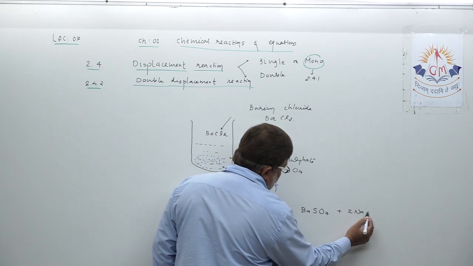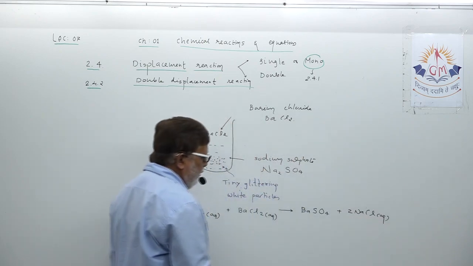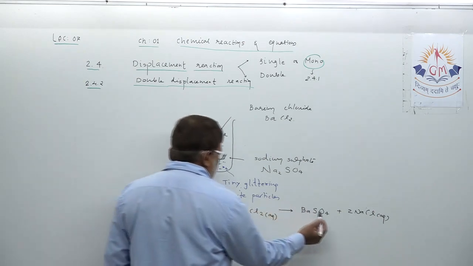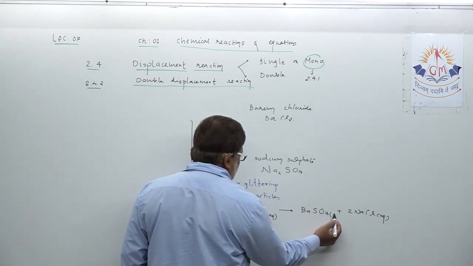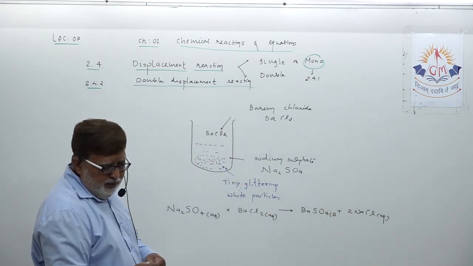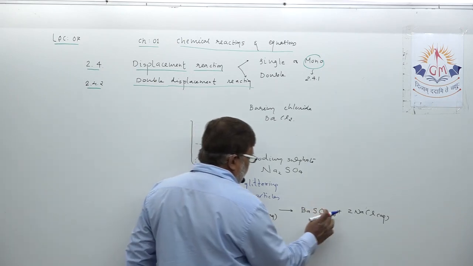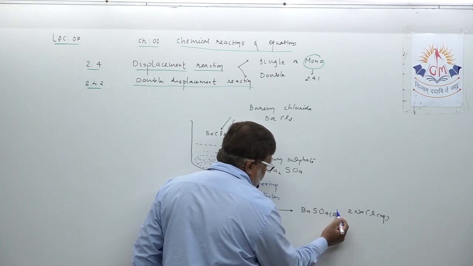I am already balancing the equation. Sodium chloride solution is formed, but for barium sulfate I am writing here S. Not only am I writing S, but I would like to put one symbol with this. Understand, that is this symbol.